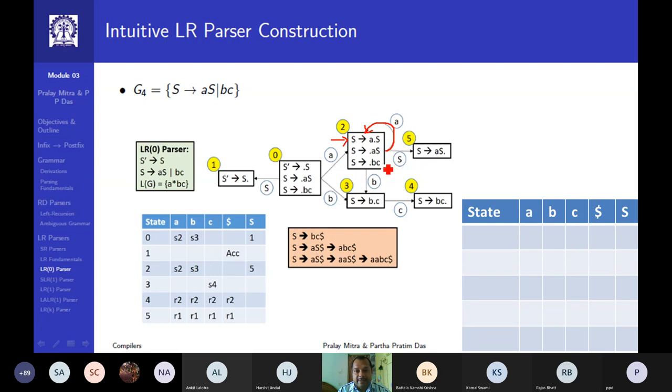And if I see B, then B dot C. Initially I may think that it will go to some new state, but I see that, okay, this is state 3.